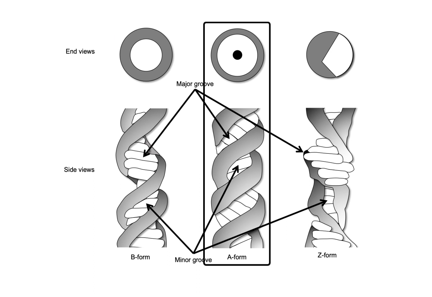In A form, you get a little bit more compaction of the molecule, so that you have a narrower band of the phosphate groups, and then the bases are on the inside, but there's a narrow hole going down the center of that molecule.